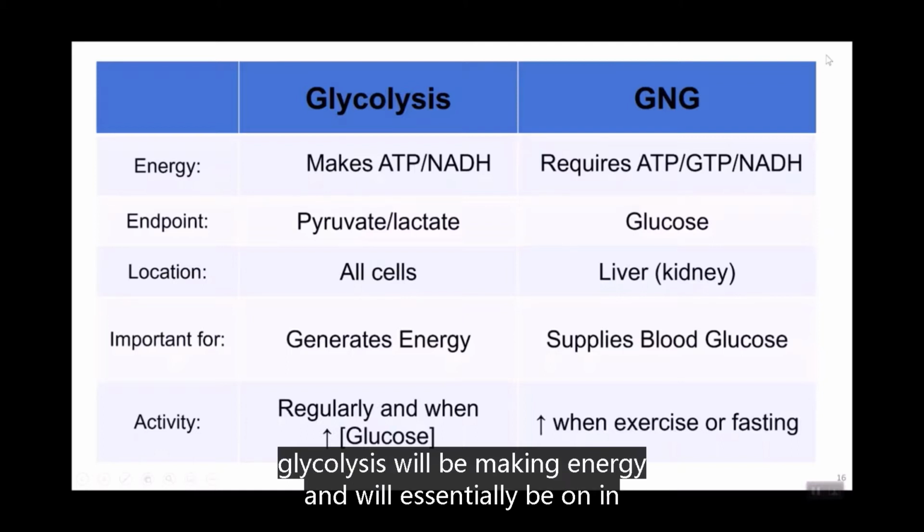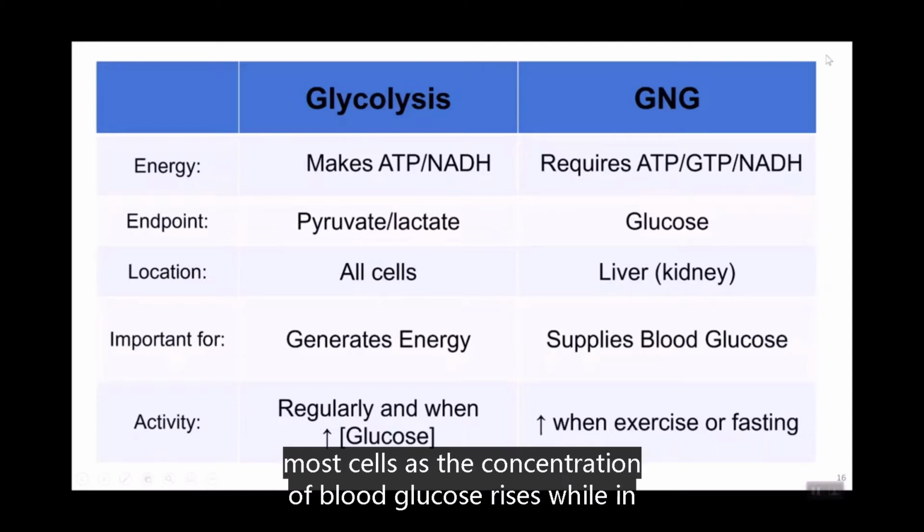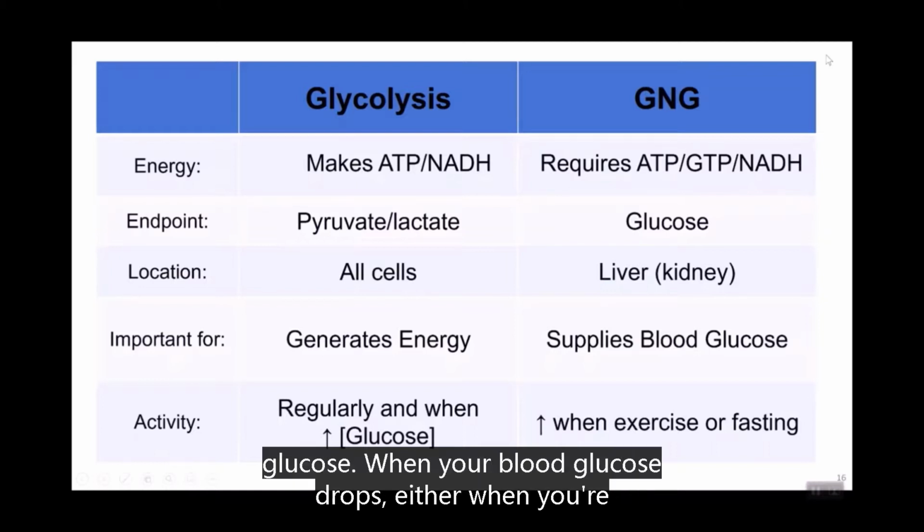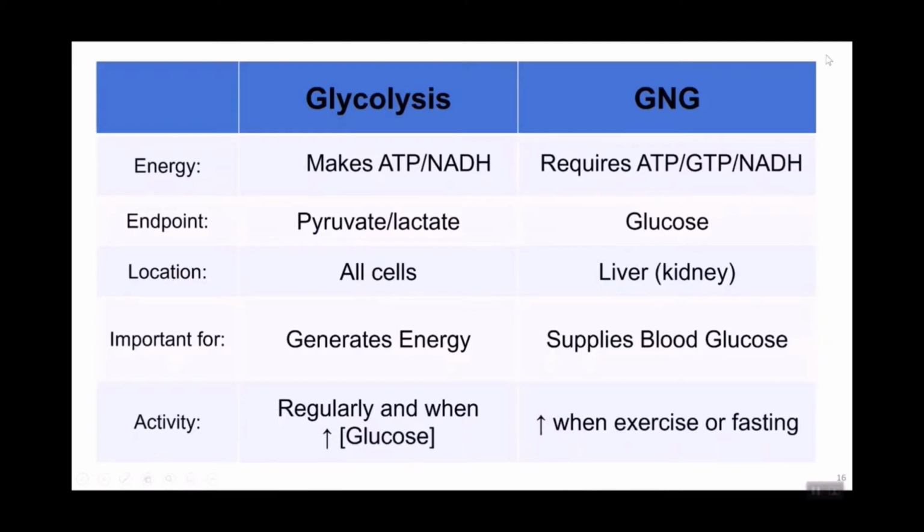Glycolysis will be making energy and will essentially be on in most cells as the concentration of blood glucose rises, while in the liver, GNG is going to be able to supply other cells with glucose when your blood glucose drops, either when you're exercising or fasting.